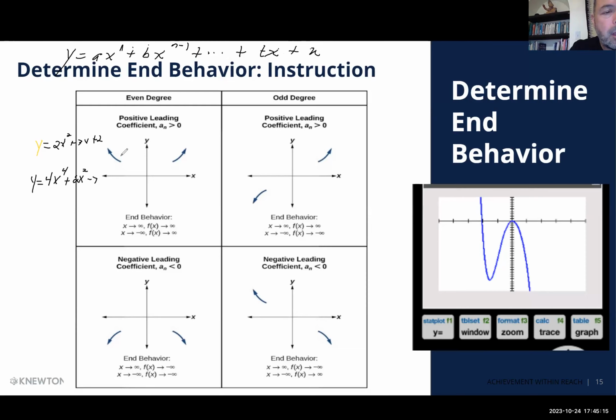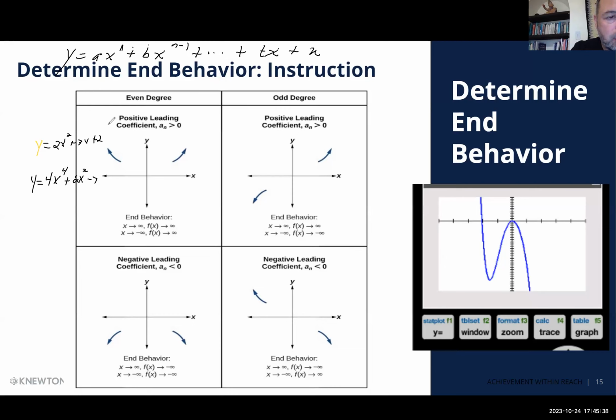that if they have a degree 2, then essentially the ends are going to look like this. And then there's just going to be some different things happening in the middle, depending on the degree and depending on whether it's even or odd.